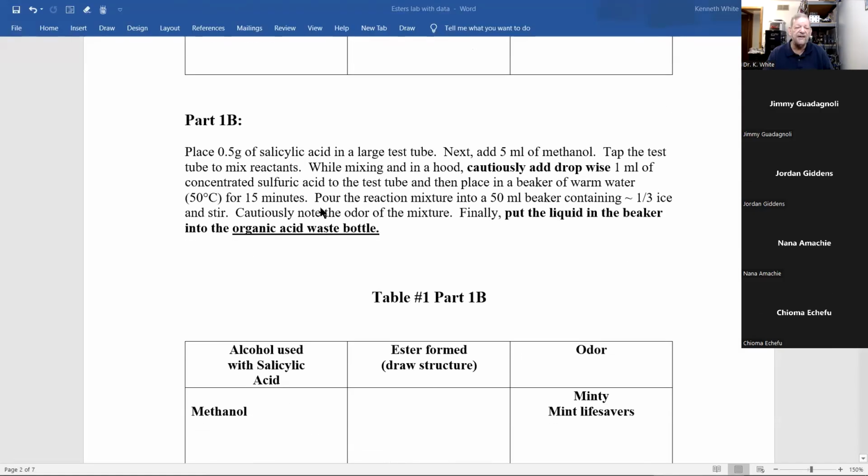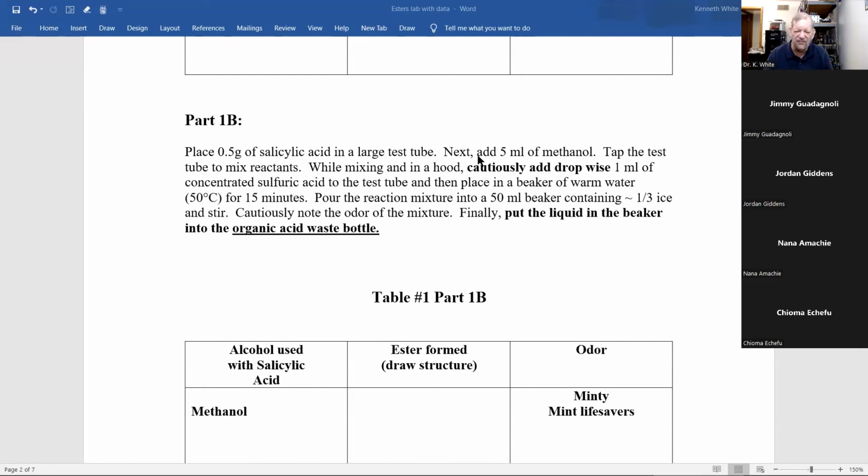Then I ask the next question. Have you ever wondered where artificial flavors come from? Making esters, now you know. We make esters in chemical plants that are food grade, used for that. Now, in part B, we have a different carboxylic acid, salicylic acid.